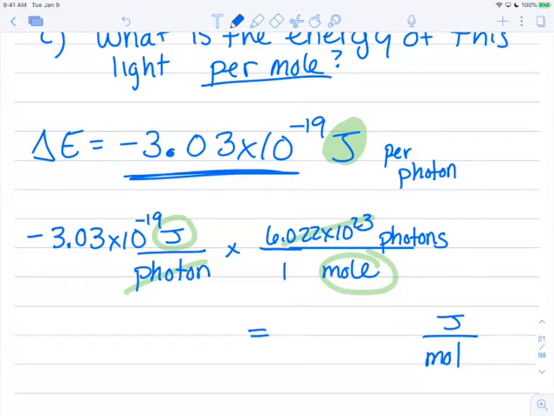But go ahead and take a moment and calculate out how many joules per mole we have. When you get your answer, feel free to type that into the chat box.